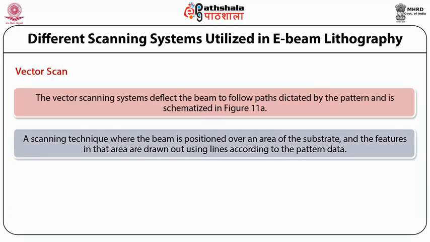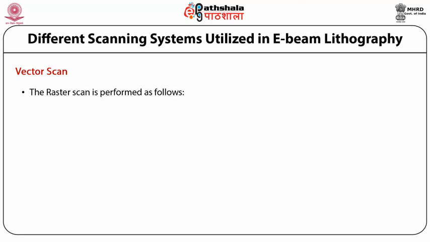It is a scanning technique where the beam is positioned over an area of the substrate and the features in that area are drawn out using lines according to the pattern data. The beam remains on at all times and the vector scan is performed by following three steps.